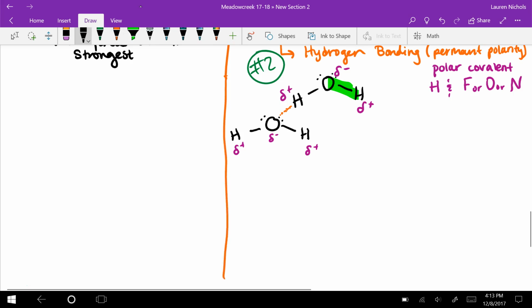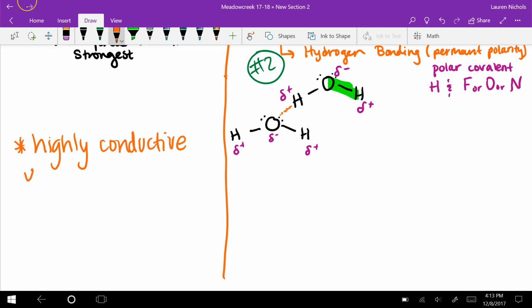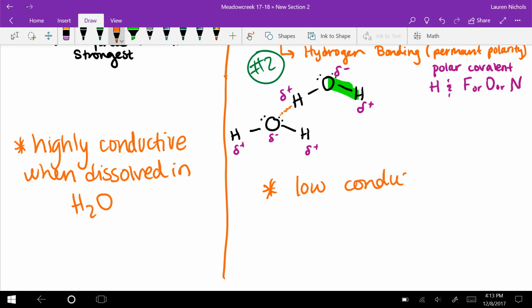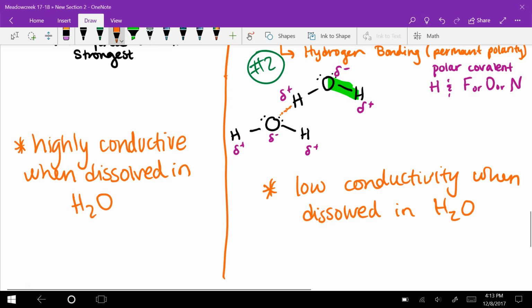The main thing that I really just want to say is that ionic compounds are highly conductive when dissolved in water, whereas covalent compounds have low conductivity when dissolved in water.